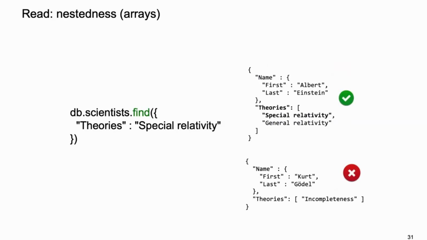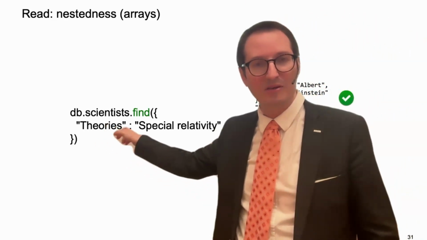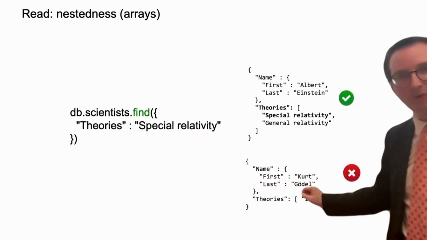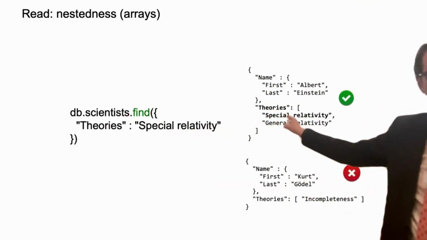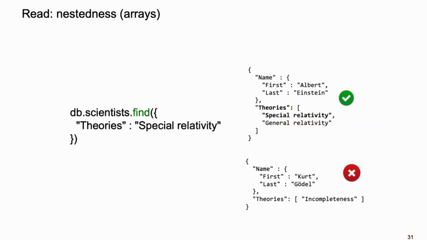Then something else about the way it behaves: if you have here a specific value for a specific field, it's also going to include documents where that value is in an array of that name, right? So you really have to read the documentation.